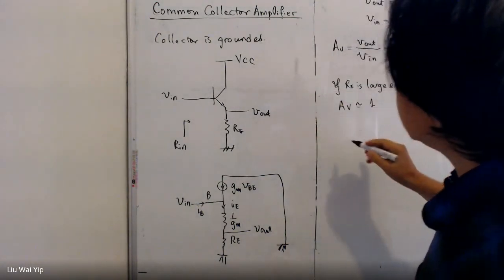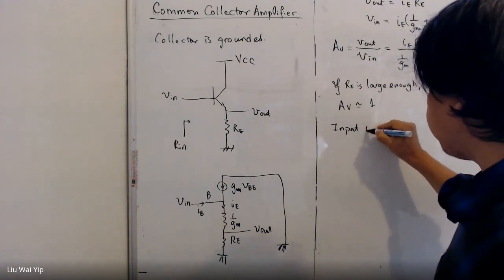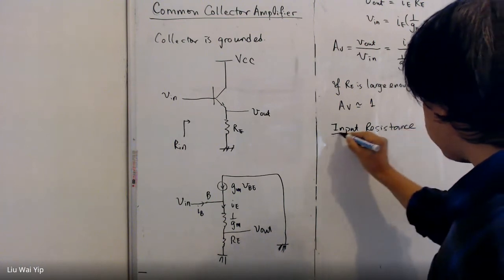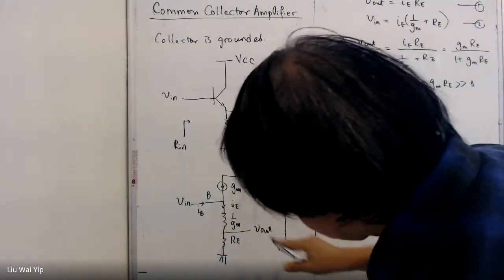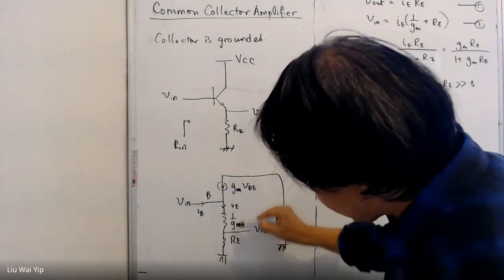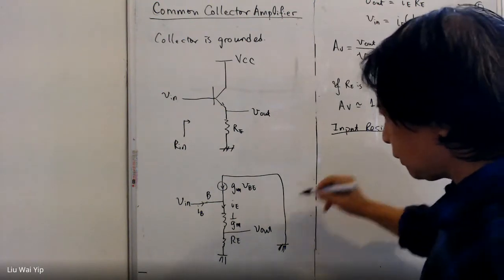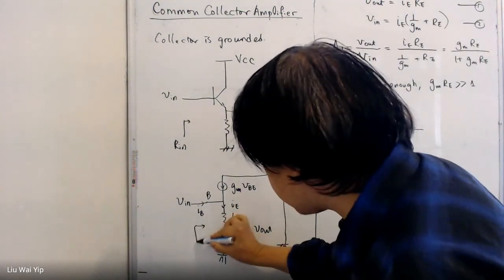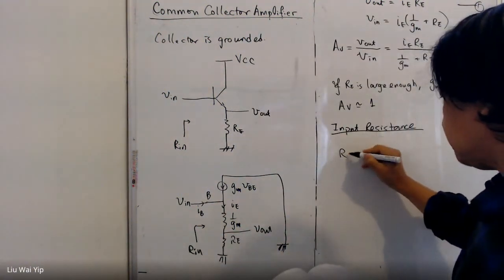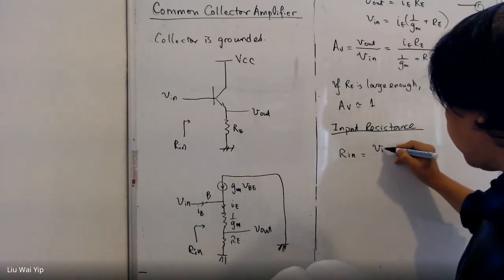So, input resistance, based on what we have got here. The input resistance is the sum of these two resistances. Now, input resistance by definition is the input voltage divided by IB.